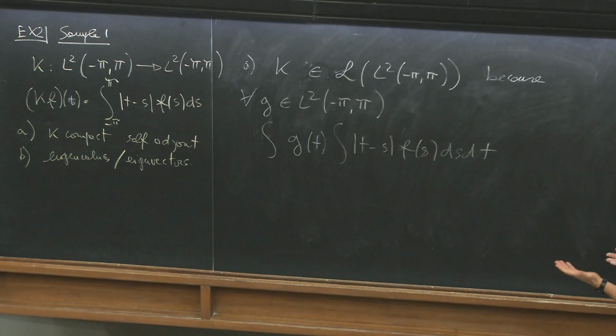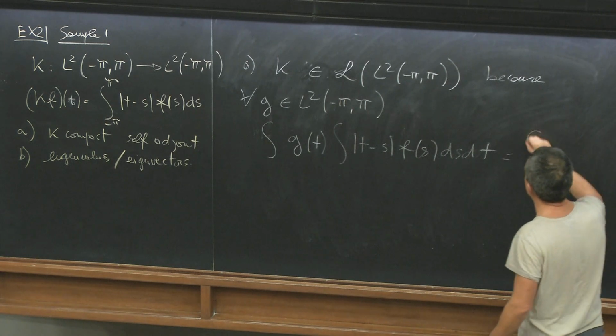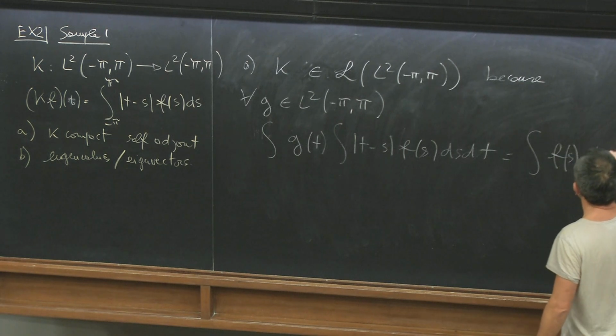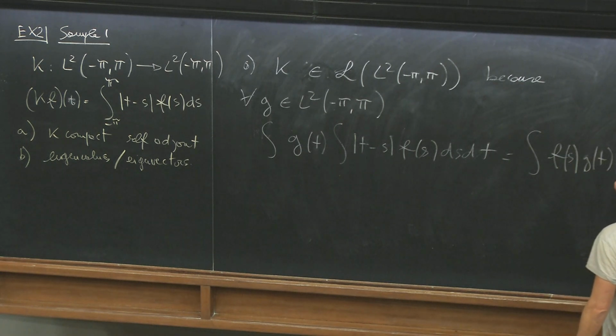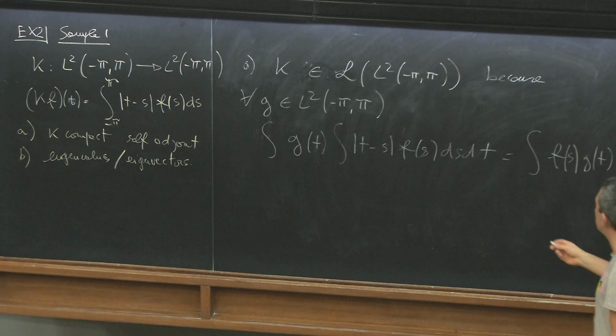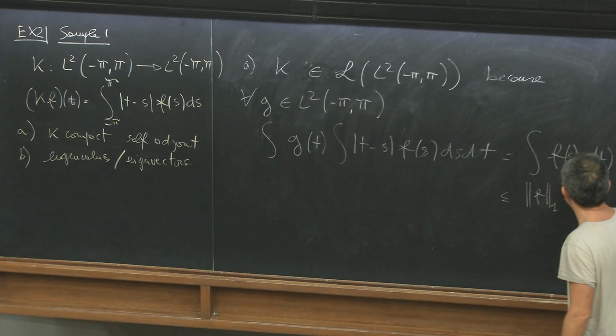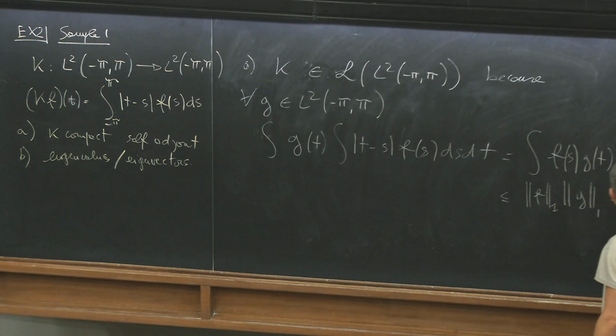This is less or equal than, estimating with the L1 norm for simplicity, the L1 norm of f, the L1 norm of g, and the supremum of this kernel on minus pi to pi, which is 2 pi.